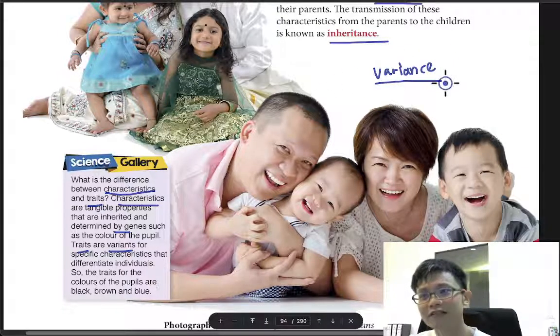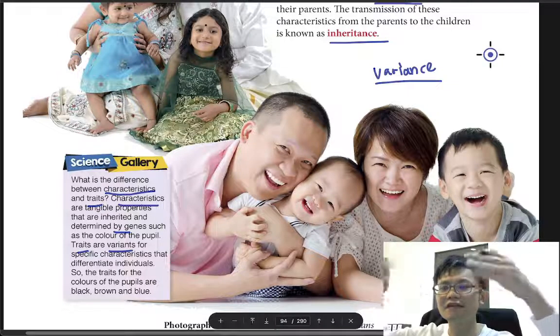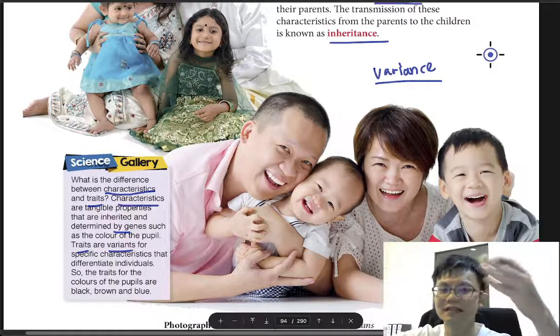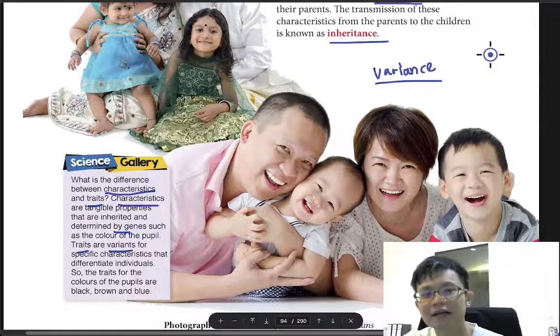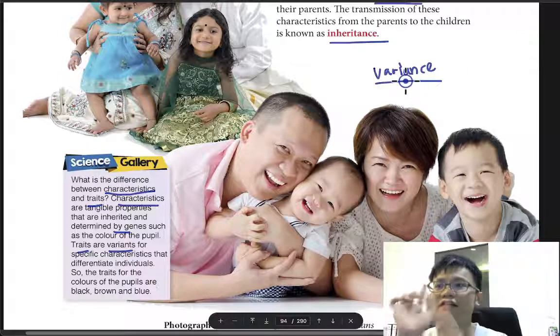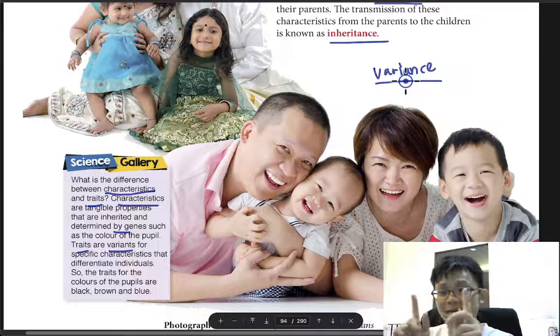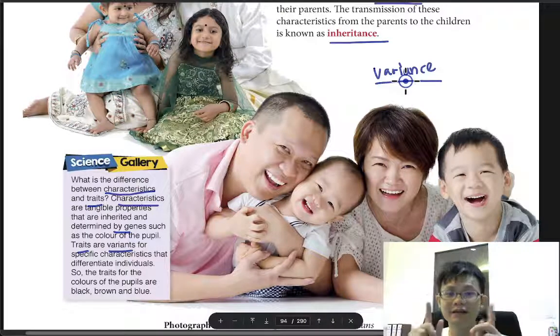Variance is to see how much difference there is in a set of numbers. So you have a lot of numbers, like 10, 15, 20, 30, 40, 50, 70, 80. You can only find the mean, which is the center. But when you find the variance, you know how much different it is from the other numbers. If the variance is small, that is usually better.